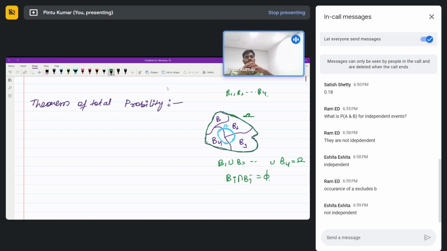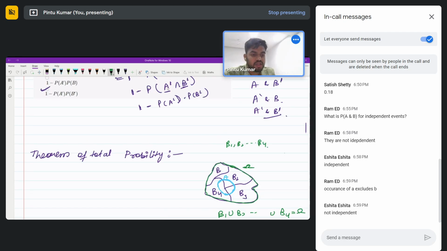So they are not overlapping and they are covering the entire space. This kind of structure is called a partition of any set. For example, if this is your B1, this is your B2, and this is your B3, then this is not a partition because you have some overlap over here.